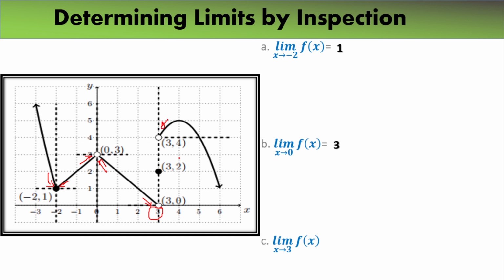As x approaches 3 from the right, f of x value natin or yung y value natin, papunta yung y value natin sa y equals 4. Since hindi equal yung dalawang one-sided limits natin, and then hindi sila papunta into a common point, we can now say that the limit of f of x as x approaches 3 does not exist.